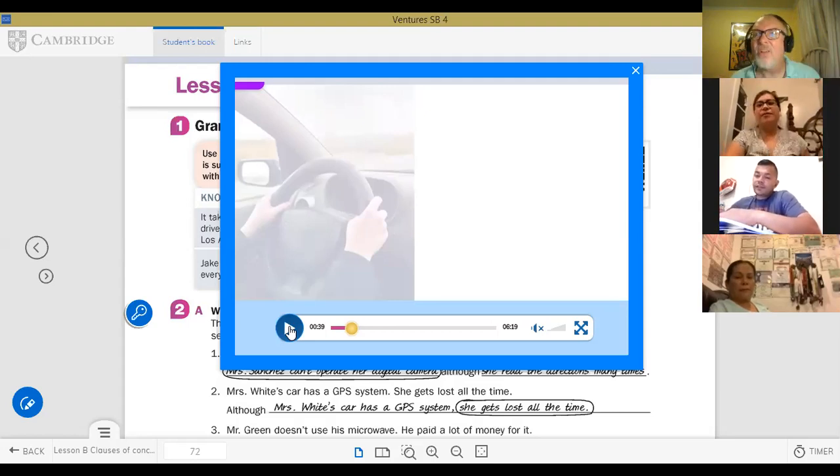He's still playing. That's the surprise. So I would put although with the fact. The fact is he's 92 years old, right? So although he is 92 years old, comma, he still plays basketball every day, right? Although is always with the fact, the thing that's not surprising. Just the normal information. And then the second part is what surprises you, right? The although is with the fact. The second part is the surprise.